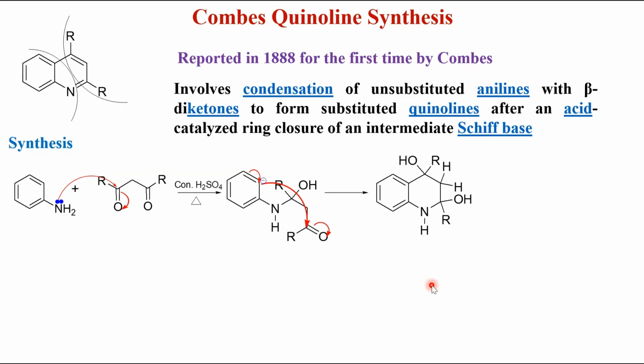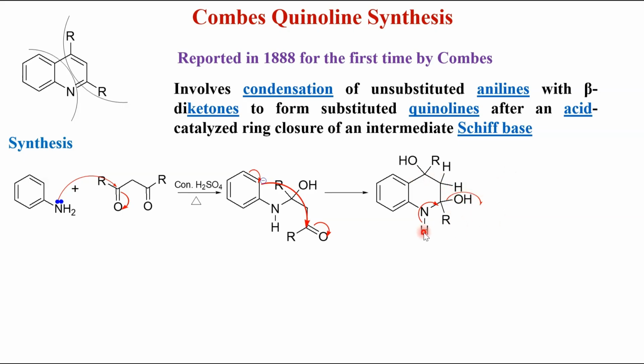Then the nitrogen-hydrogen bond breaks and these electrons are used to form the bond with the adjacent carbon. Once the bond is formed over here, the carbon becomes pentavalent and also unstable. To maintain its stability, OH gets kicked off. OH minus and H plus are lost as a water molecule.